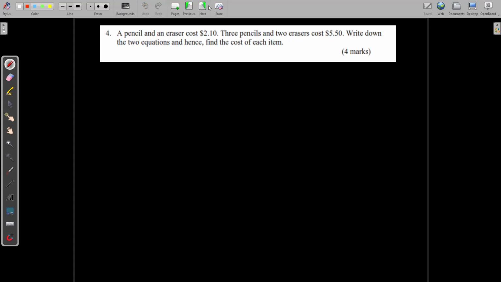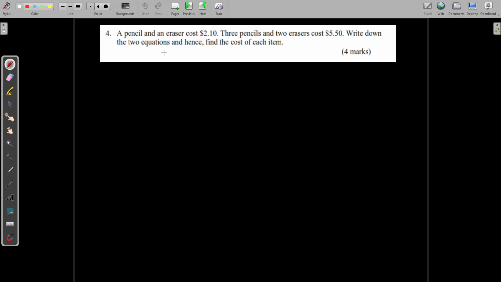So let's look at the last question. So this last question here is a basic nonlinear simultaneous equations. And it says a pencil and an eraser cost $2.10. 3 pencils and 2 erasers cost $5.50.